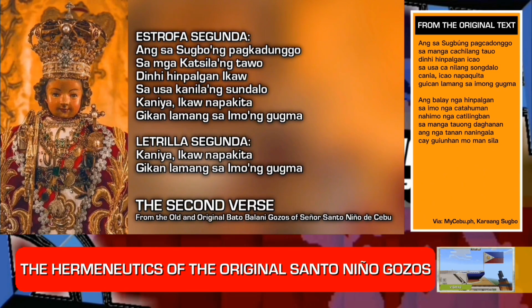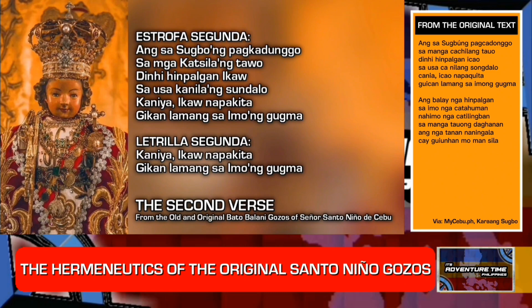The estrofa segunda y tercera, or the second and the third verses of the Gozos, speaks about Cebu, the country's first ever capital city, when it became the center of Christianity in the Philippines through Spanish missionaries, to be exact, the Agustinians.